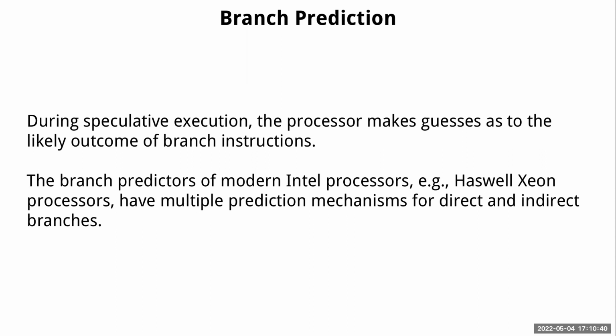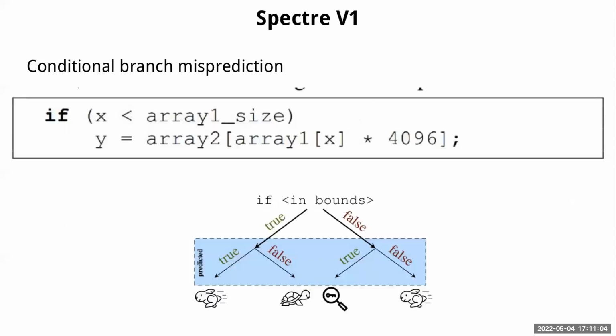How the CPU decides is based on history. That's why we can train the CPU multiple times to give it some fake history, so the CPU is always going to take this path. Then when the CPU actually executes another piece of code, it will be forwarded to execute one path ahead. And that is how we can exploit this vulnerability.